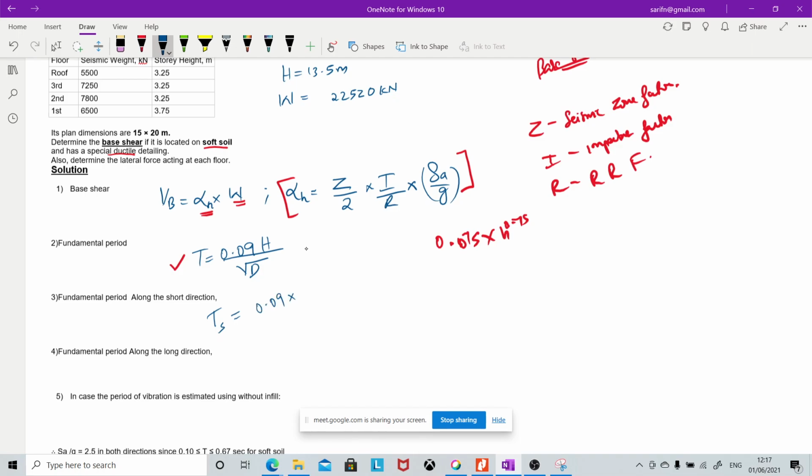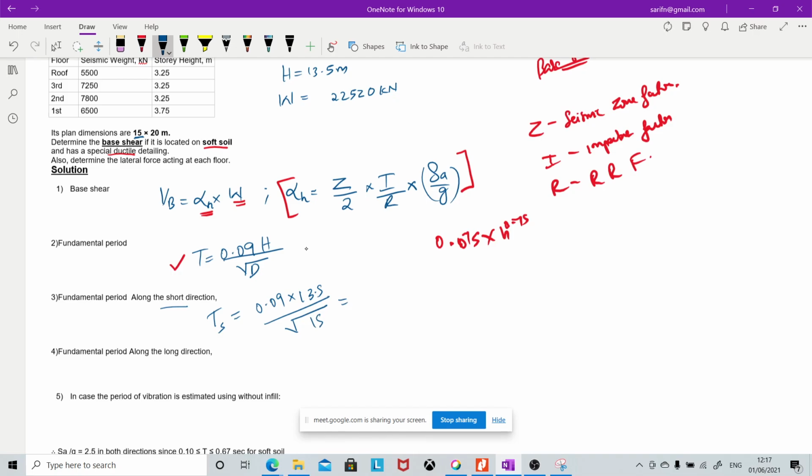H means the total height of the building, which can be found out as 13.5. You simply add this, you will get the h value in meters. So 13.5 divided by square root of d. D is the dimension in the direction you are considering. The plan dimension in the direction we are considering is 15, the shorter direction.